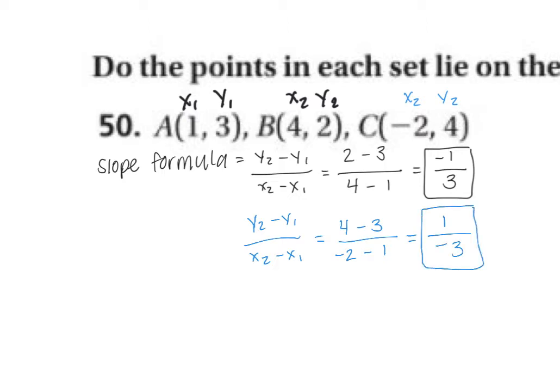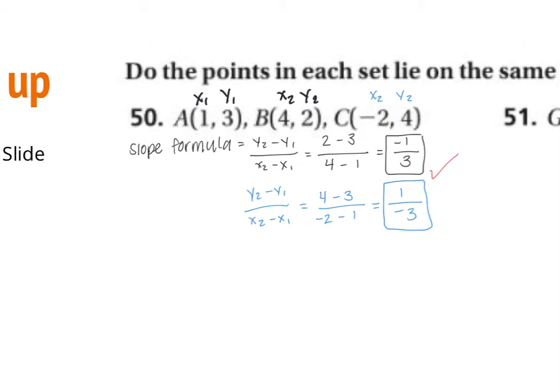Are these slopes the same? Yes. Since the slopes are the same, we can say that A, B, and C all lie on the same line.